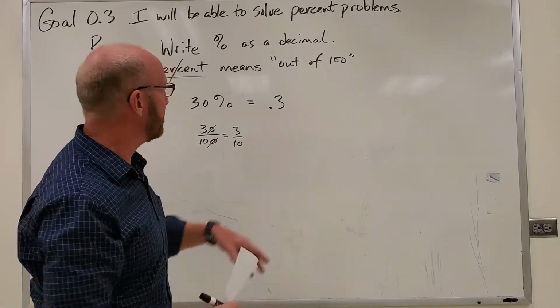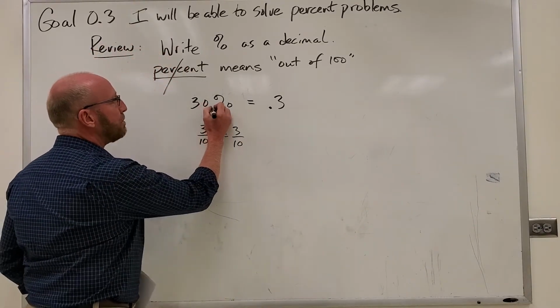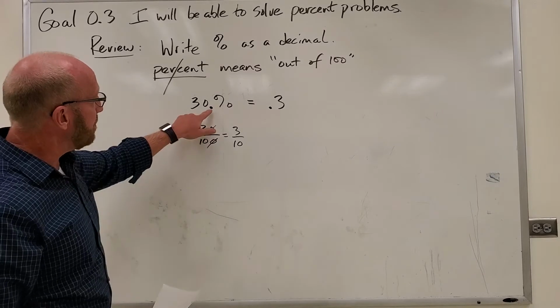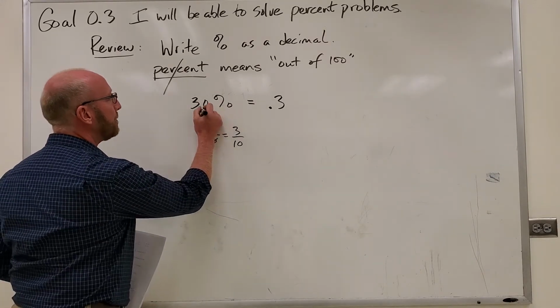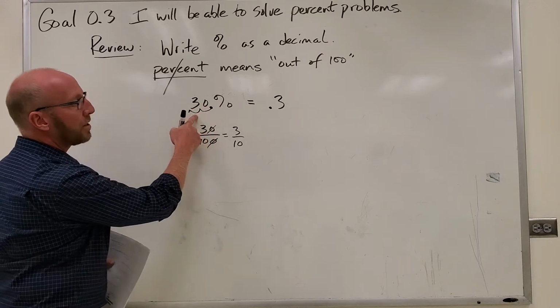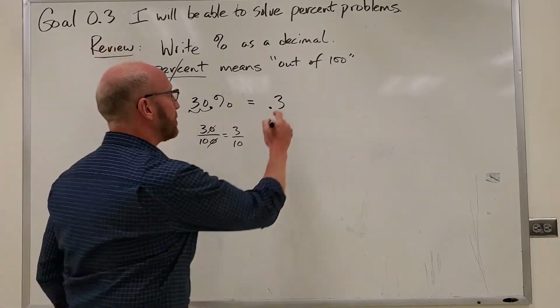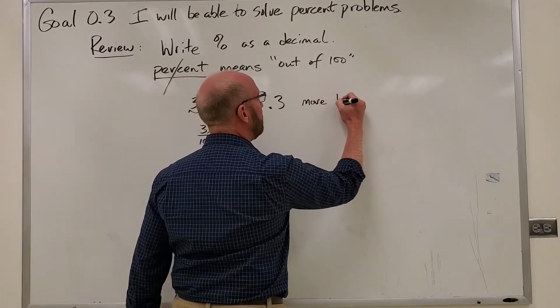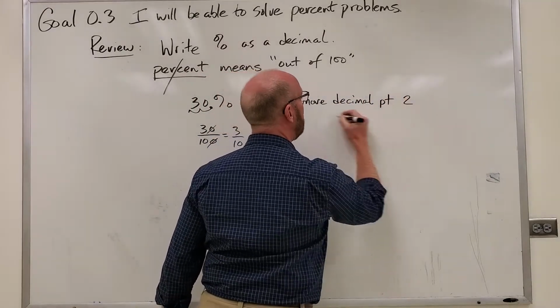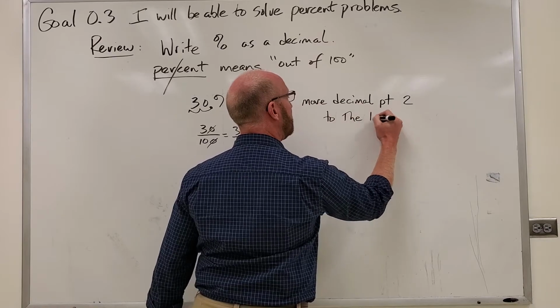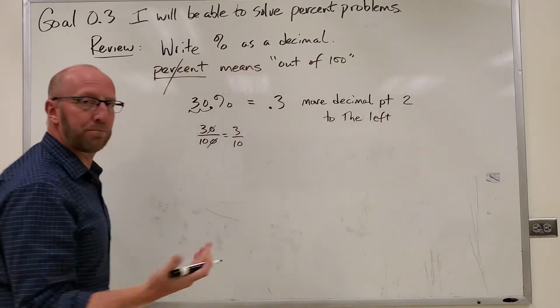The next one's the 100th position. Here's where the decimal was originally. Originally, it's after the 30. If you move it 2 to the left, you change the percent to a decimal. So I move the decimal point 2 to the left. All right, so that's pretty easy.